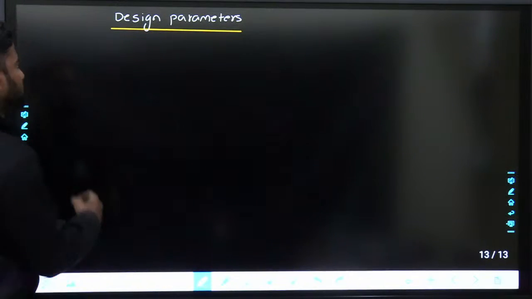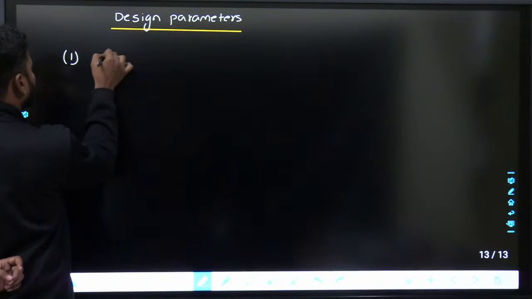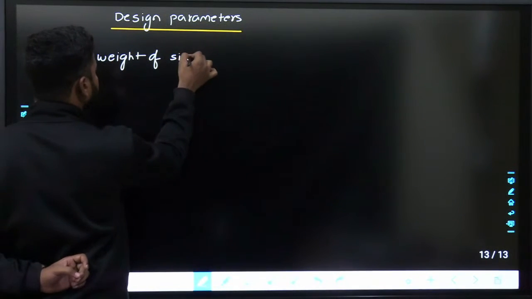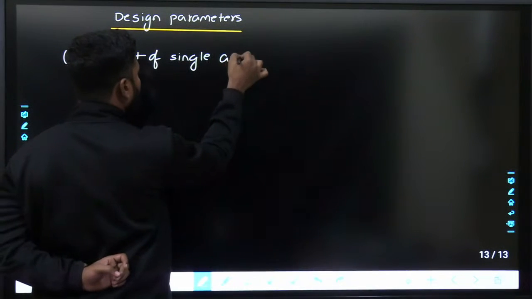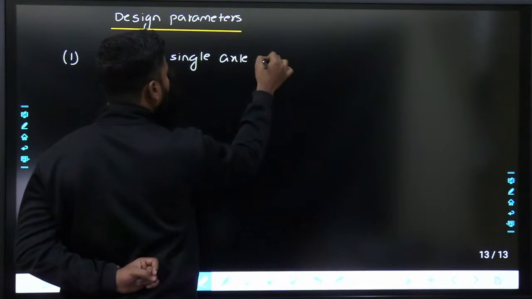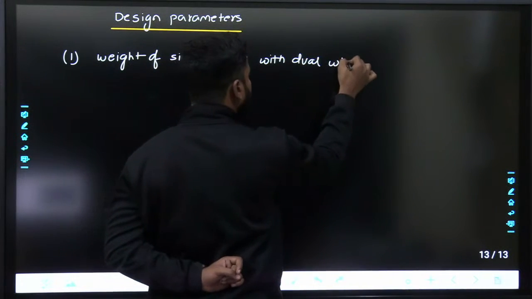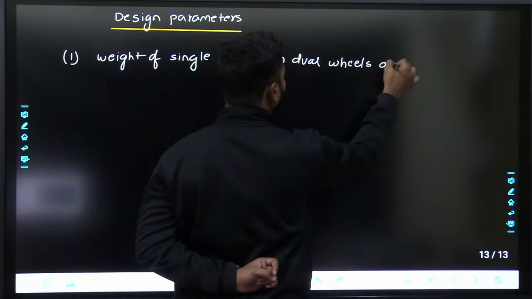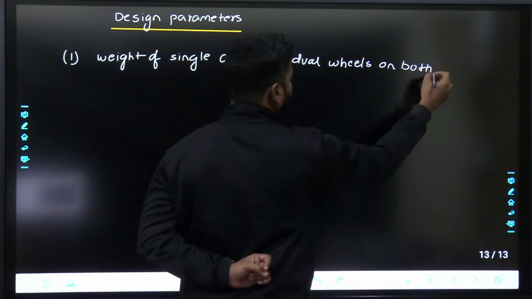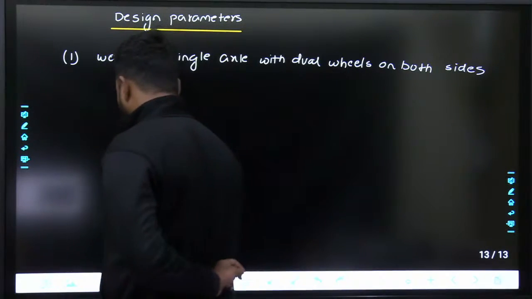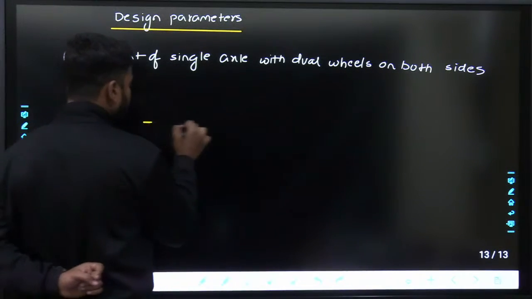Fine. So, design parameters. The first one is the weight of a single axle with dual wheels on both sides, the standard weight you will consider.